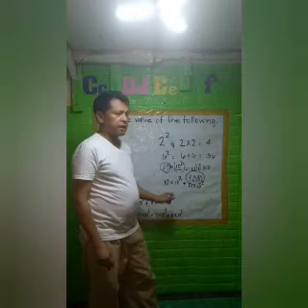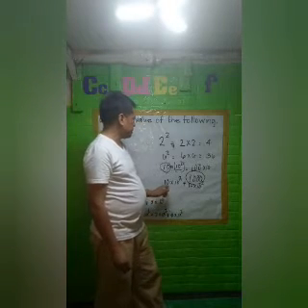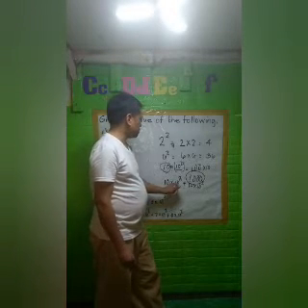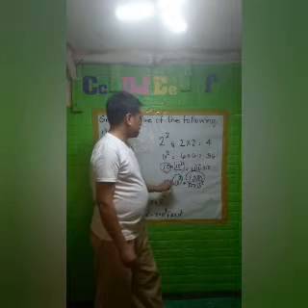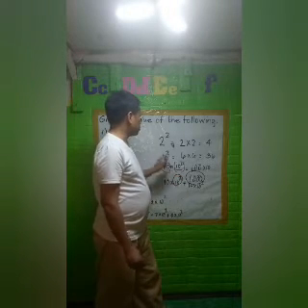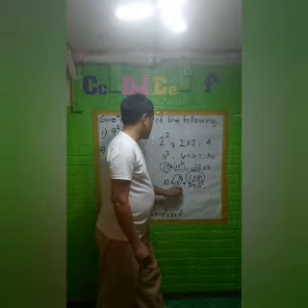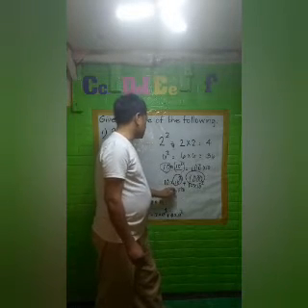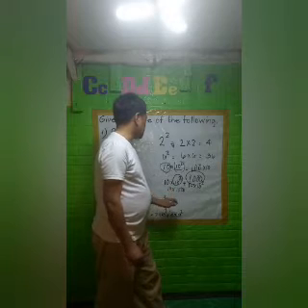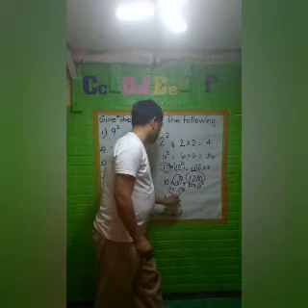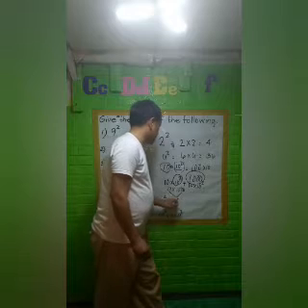To get the value of this, simply multiply this one, which would become 1,000. So 1,000 times 10, that would become 10,000. So the value of this number is 10,000.